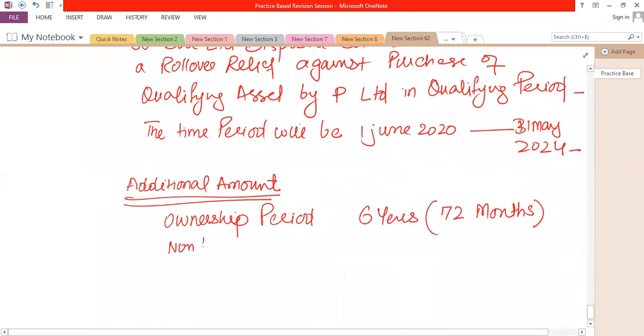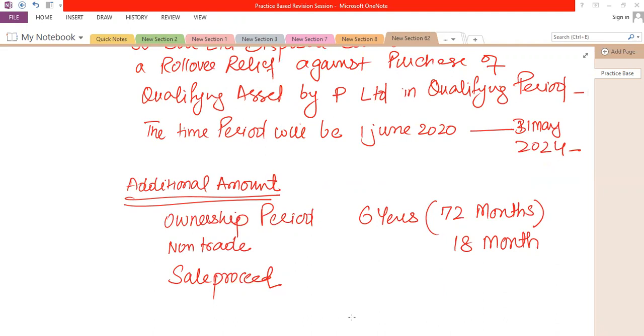So the non-trade period is 18 months. It means for the sale proceed which is eligible for rollover, you count the effective trade months. How many trade months are there? The trade months are 54 out of 72.